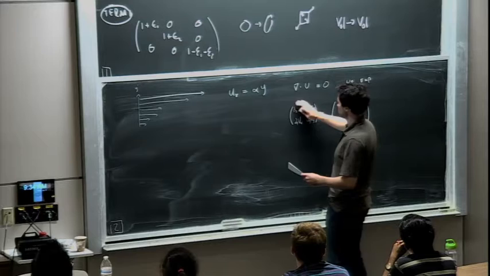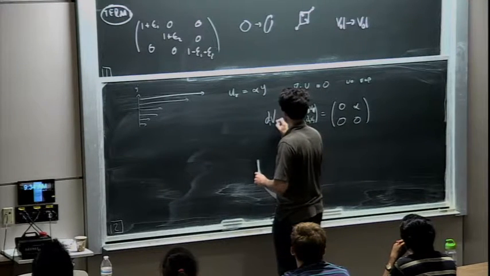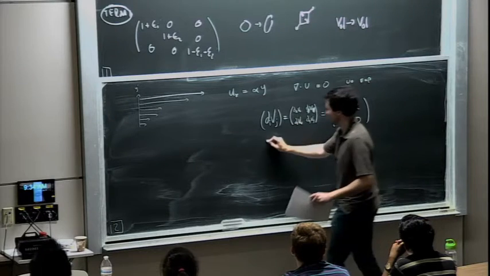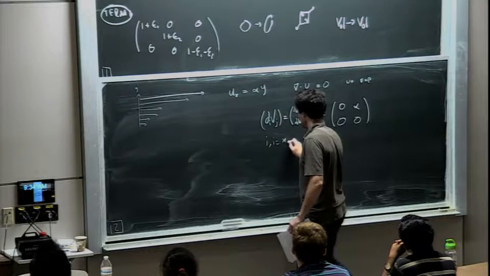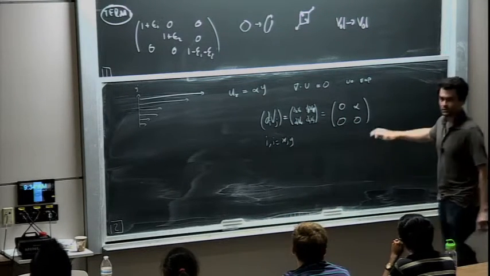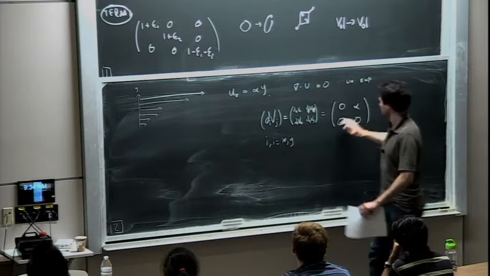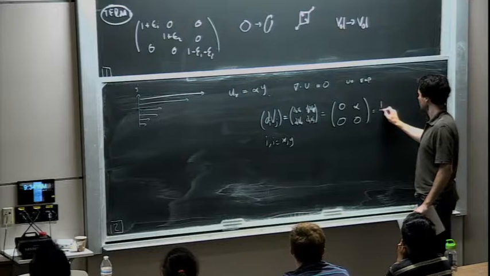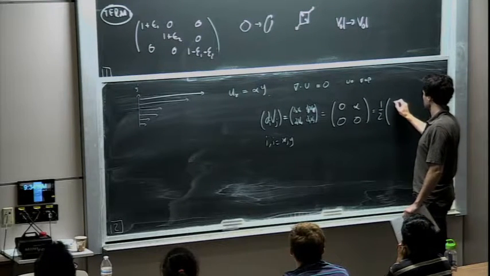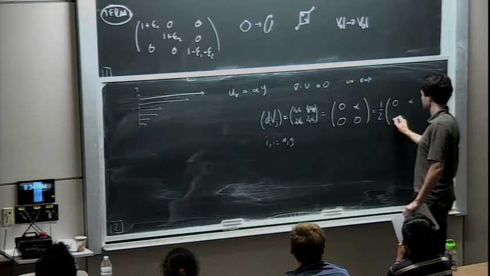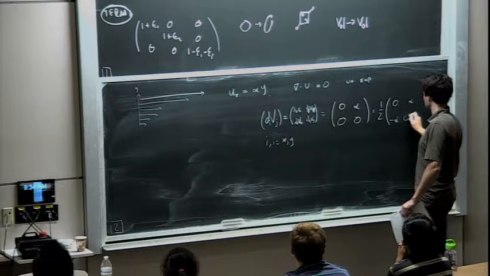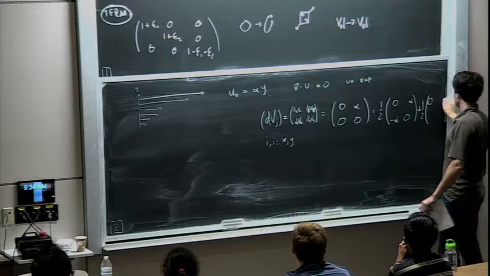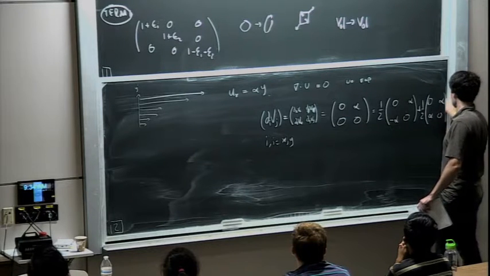So this is just the matrix ∂i vj, with i and j equal to x and y. We've computed it for this flow over here, and it comes out to be this matrix, which we can write as 1/2 of (0 alpha; minus alpha 0) plus 1/2 of (0 alpha; alpha 0).